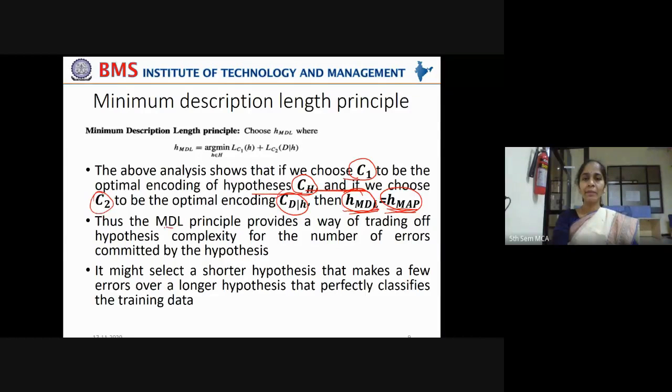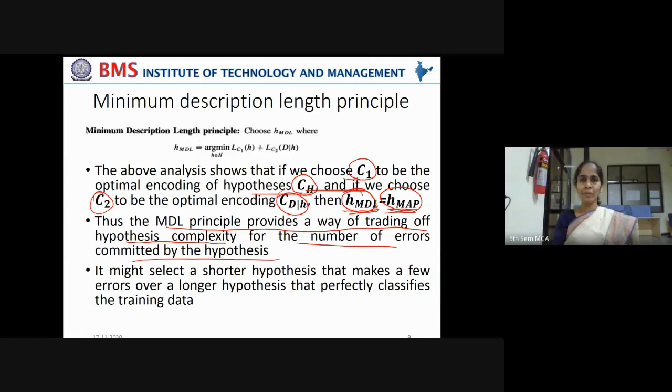Okay, thus the MDL principle provides a way of trading off hypothesis complexity for the number of errors committed by the hypothesis. Again, interesting concept here. Say, if the hypothesis is very complex and it is committing very few errors, do you prefer such a hypothesis, or a simple hypothesis which makes a moderate number of errors?